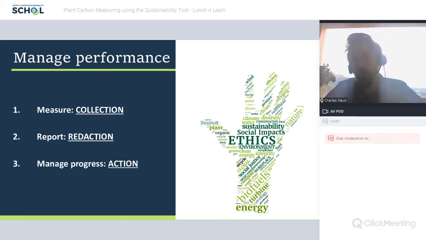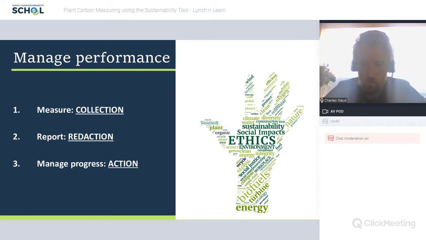Typically, what we see organizations do is either Excel reports, which are more data heavy, or glossy PDFs in the shape of sustainability reports for organizations or for projects.